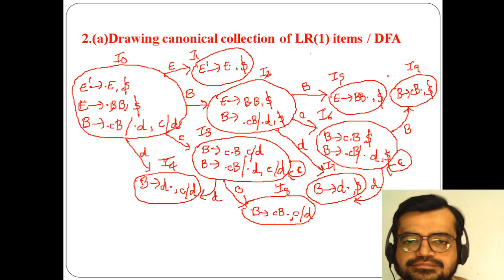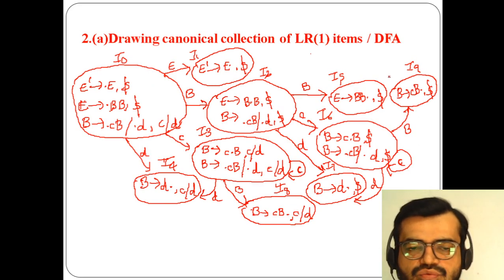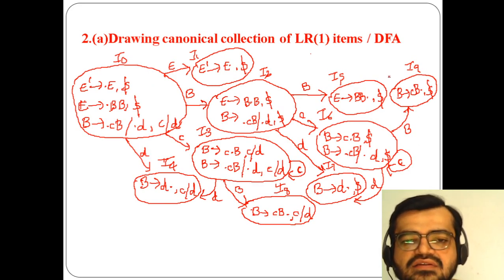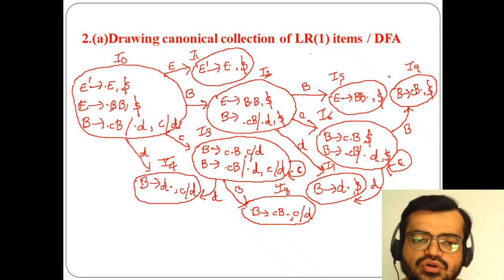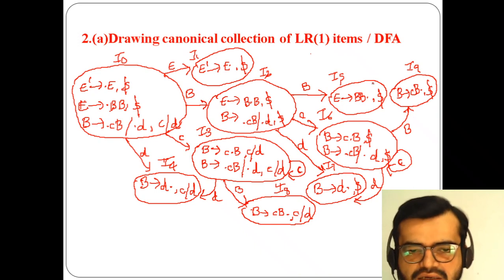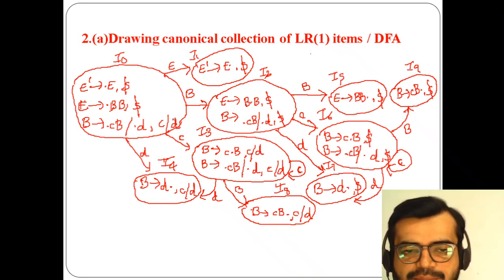And what is the next state? I0 to I3, which is with the help of small c.